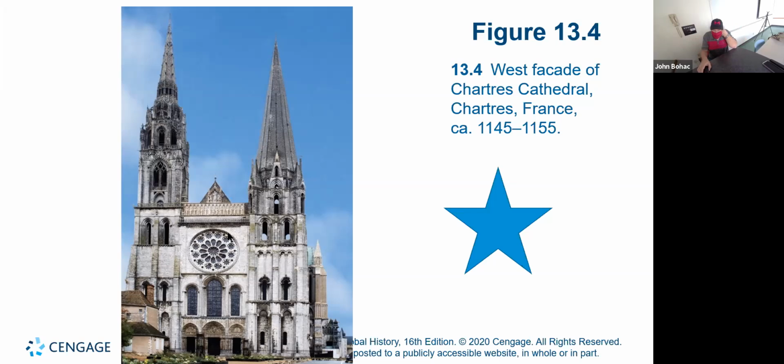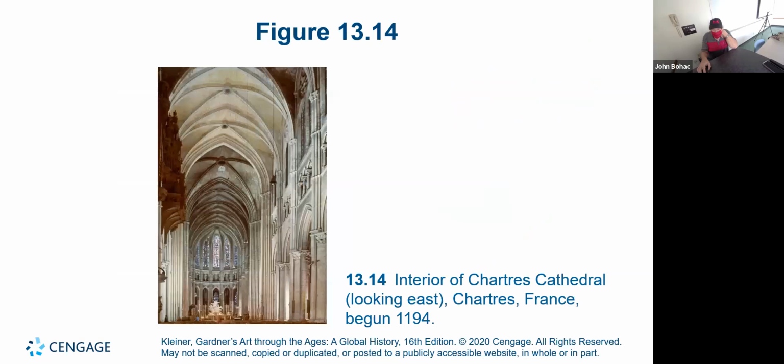But in this case, because it's not supporting weight, you can set in a big, huge stained glass. And so I have the star on this one, partly because a lot of people talk about Chartres as being maybe one of the premier cathedrals in Gothic France.